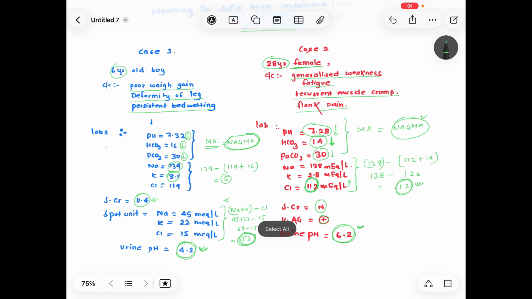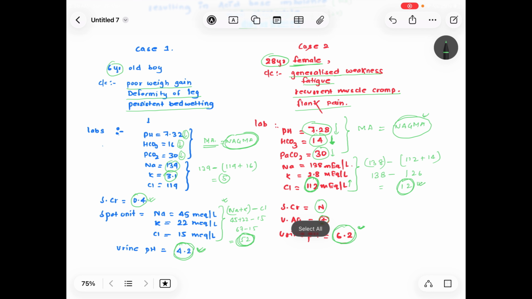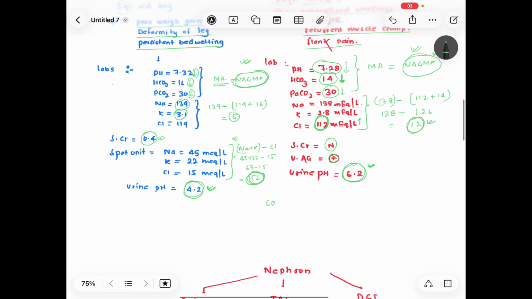So can you spot what is common between these two cases? In both the cases, there is NAGMA, normal anion gap metabolic acidosis, plus hypokalemia. This is common between these two cases.